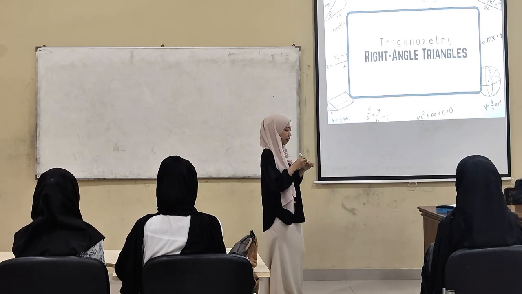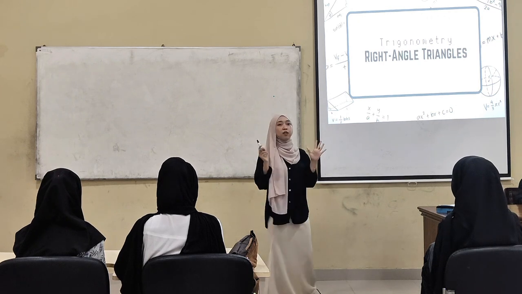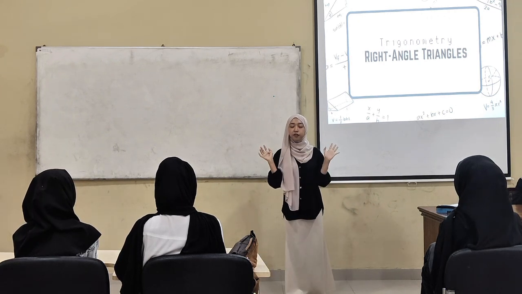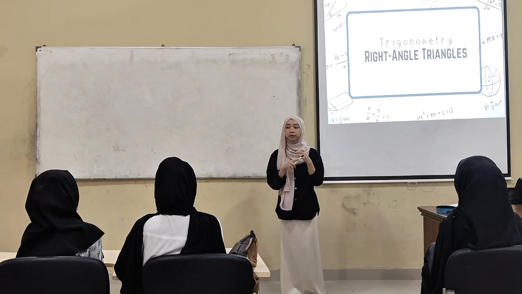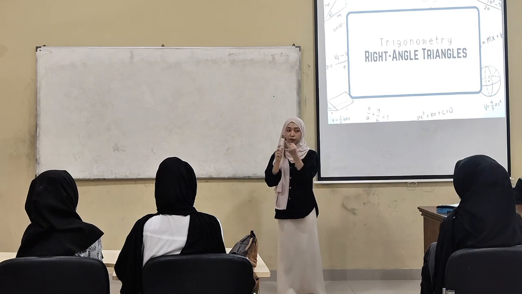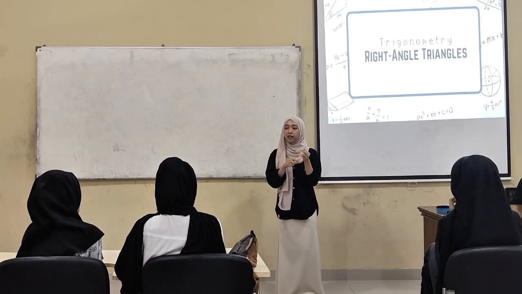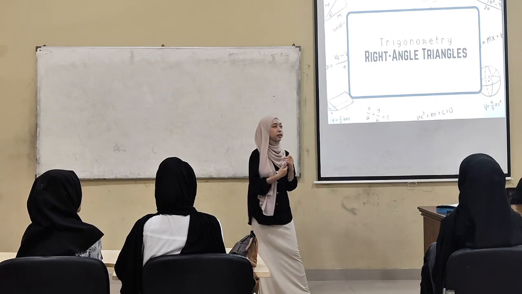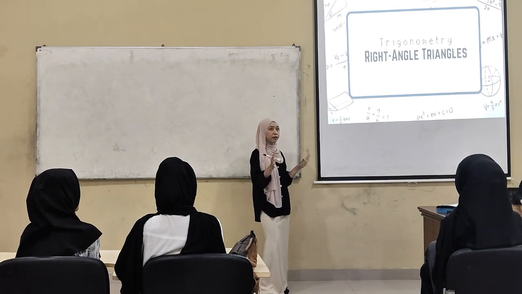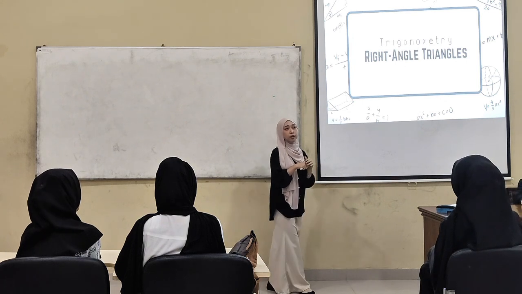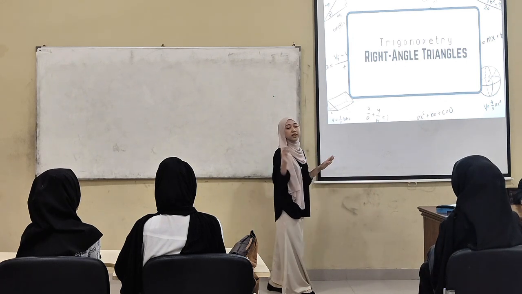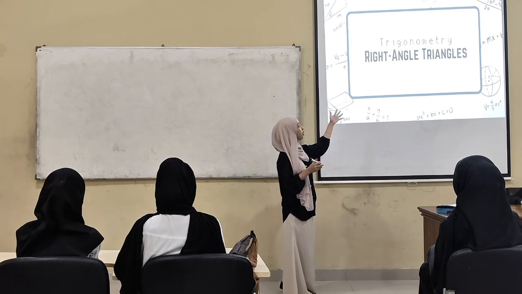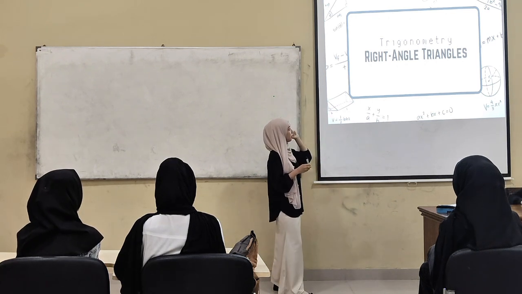Okay. Before we start the lesson, I want to ask you, can you mention objects around us that have a triangle shape in our daily life? So today we will learn about trigonometry with right angle triangles.